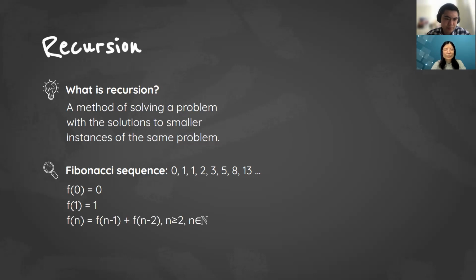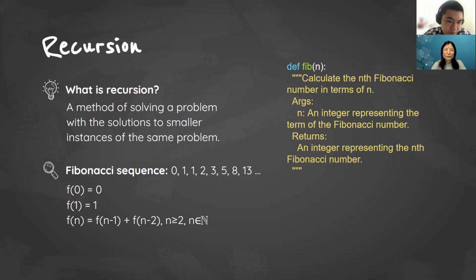After that, it's the number for n minus 1 plus the number for n minus 2. So that's the basics of how to define a Fibonacci number in terms of n.